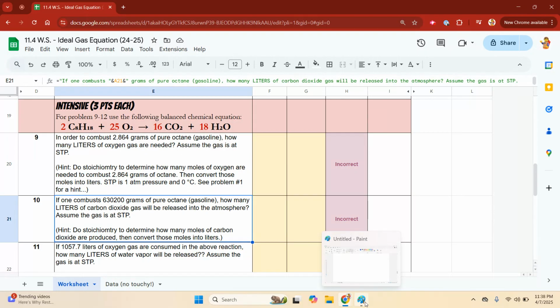I'm going to go to my worksheet, problem number 9. We have 2.864 grams of gasoline, and we need to figure out ultimately how many liters of oxygen gas are needed. So let's just get started with the stoichiometry.